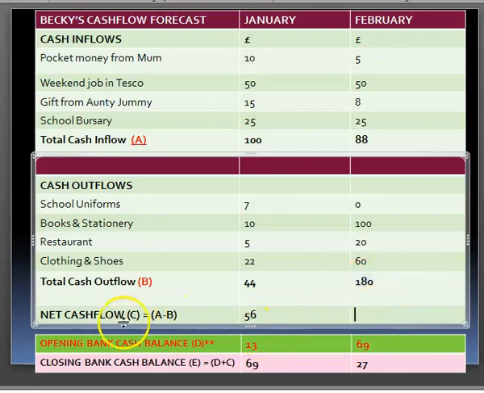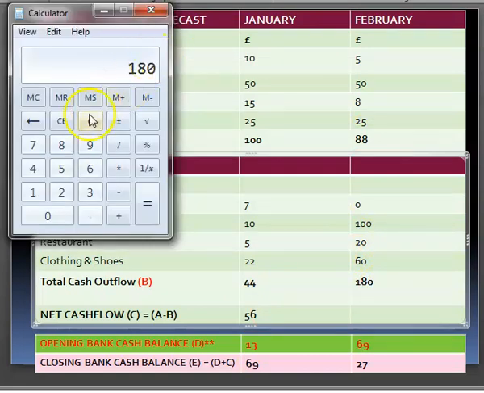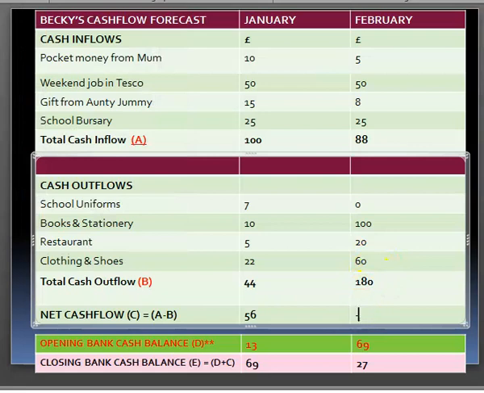Okay, so if we calculate your net cash flow, which is going to be A minus B, that is £88 minus 180, what do we get? £88 minus 180 equals minus 92. What this means is that you're spending more than you're receiving. You're only receiving £88, but you're spending 180. So you're going beyond what you have in your account.